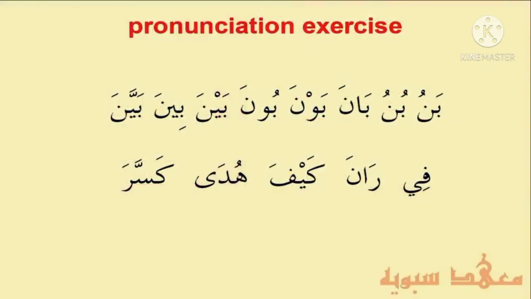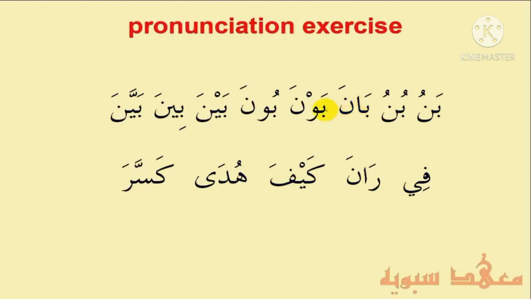Bismillahir Rahmanir Rahim. Now this is a pronunciation exercise from what we learned so far. So the first one is ba-nu, banu. Next one is bu and nu, so it's bunu. Next one we see has a long vowel, so it's bana, not bana, bana.